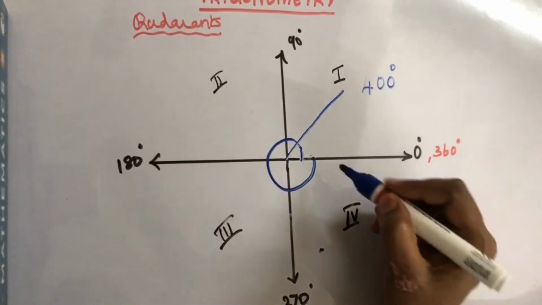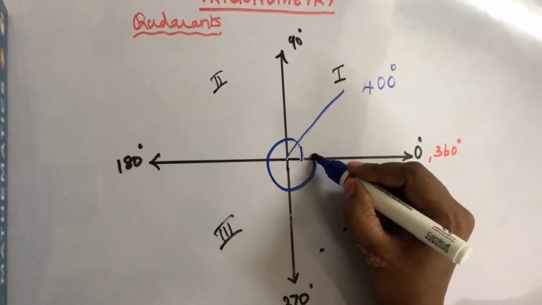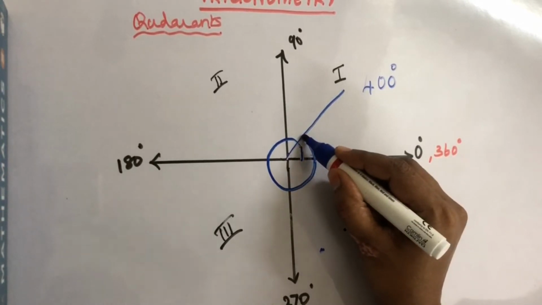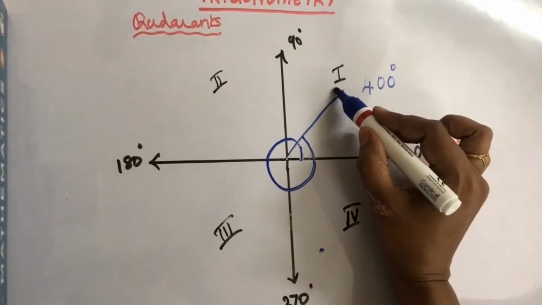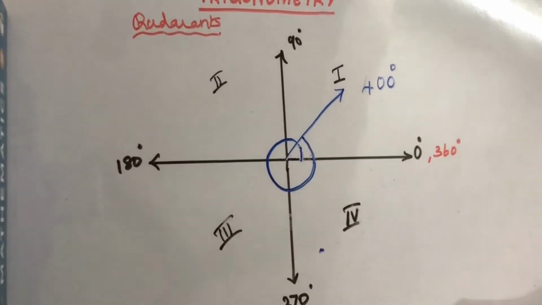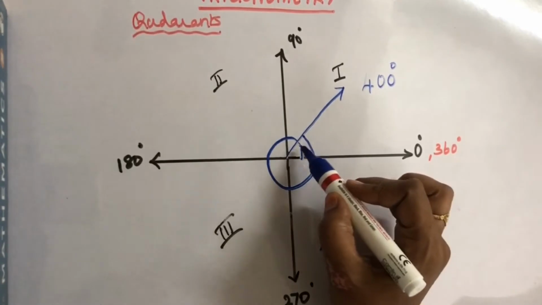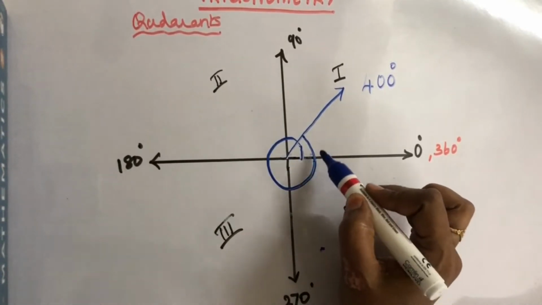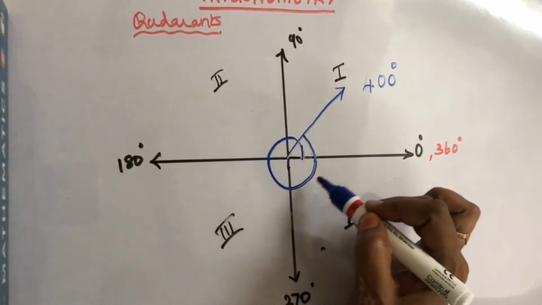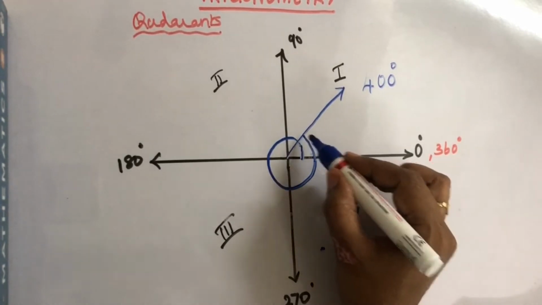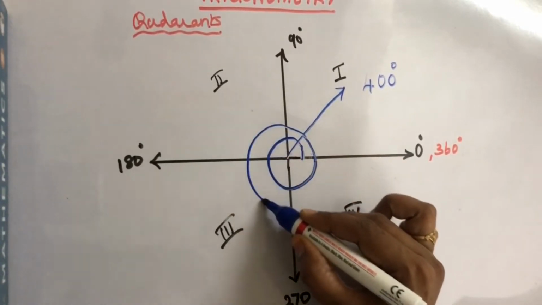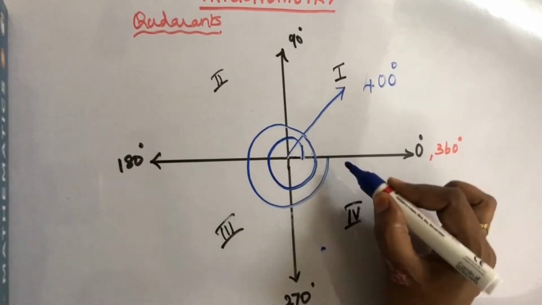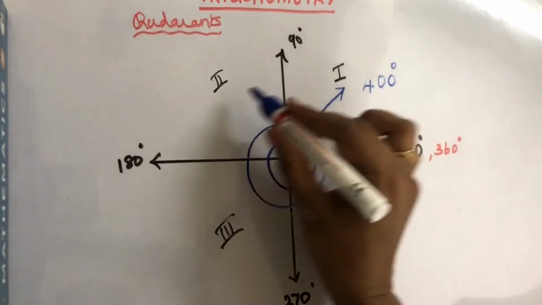After 360 degrees, I have to measure 40 more degrees in the anti-clockwise direction to draw this angle 400 degrees. After one complete rotation, it will go on in the anti-clockwise direction. One complete rotation takes 360 degrees, two complete rotations take 720 degrees, and likewise it will go on.